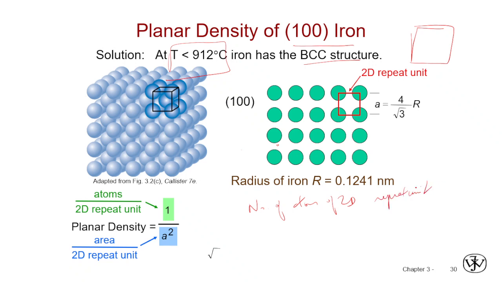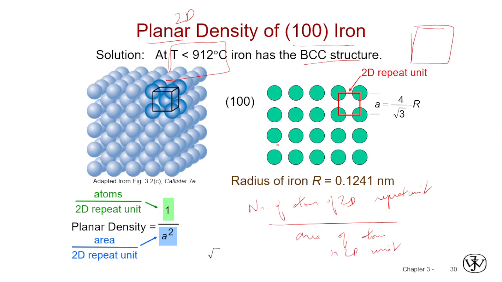Okay, not 3D units, because we are dealing with planar. Planar is 2-dimensional. So the number of atoms in the 2D repeat unit divided by the area of the 2D repeat unit, right?